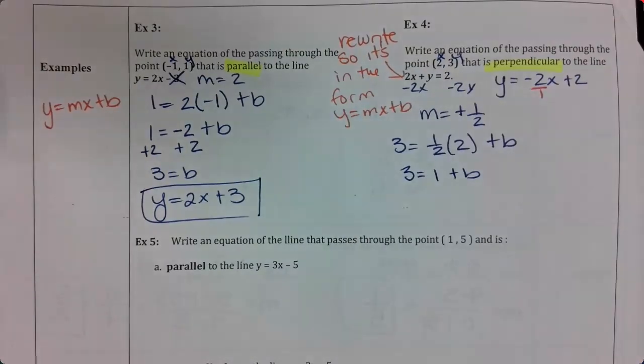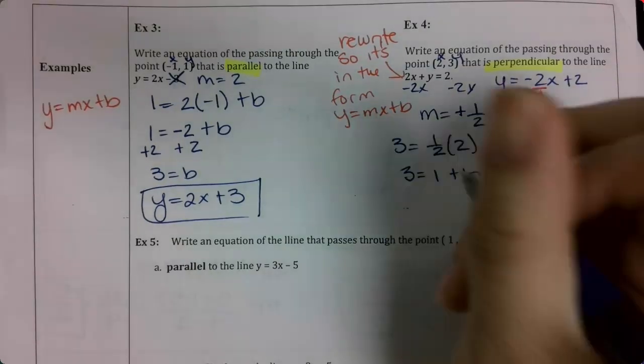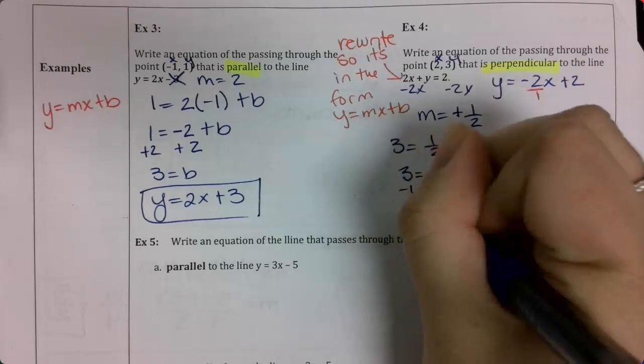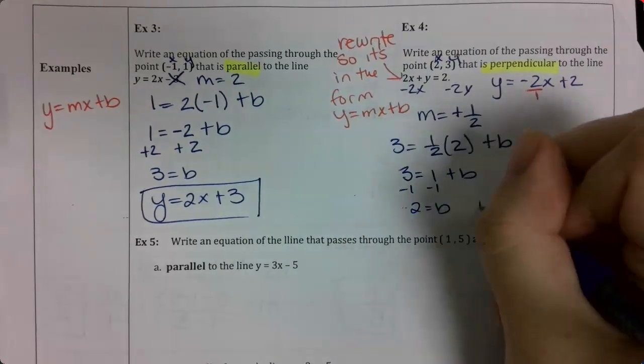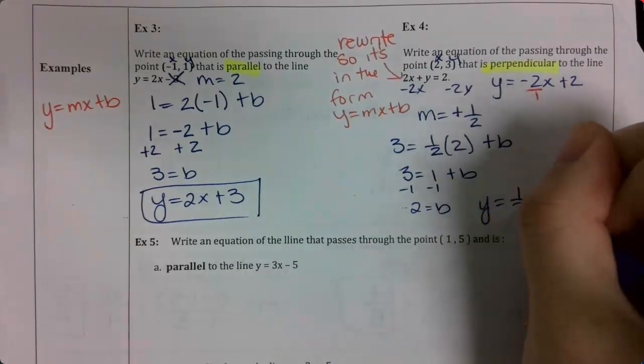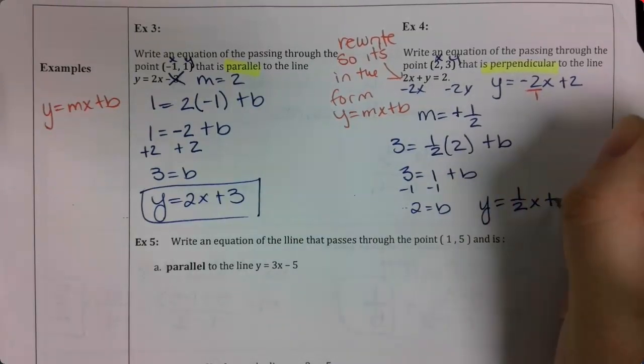And then I want to go ahead and do what to get b alone? Subtract 1 on both sides. So I get 2 equals b, and then I just plug back in. So I'm going to have y equals 1/2 x plus 2.